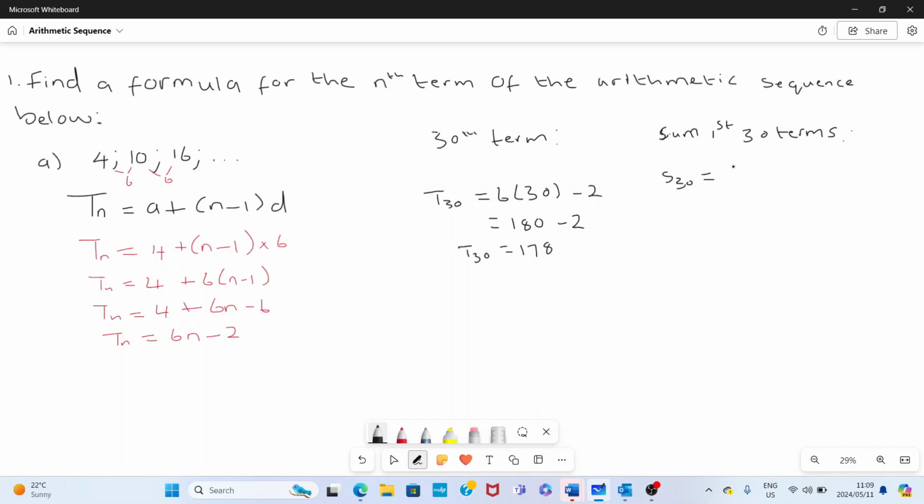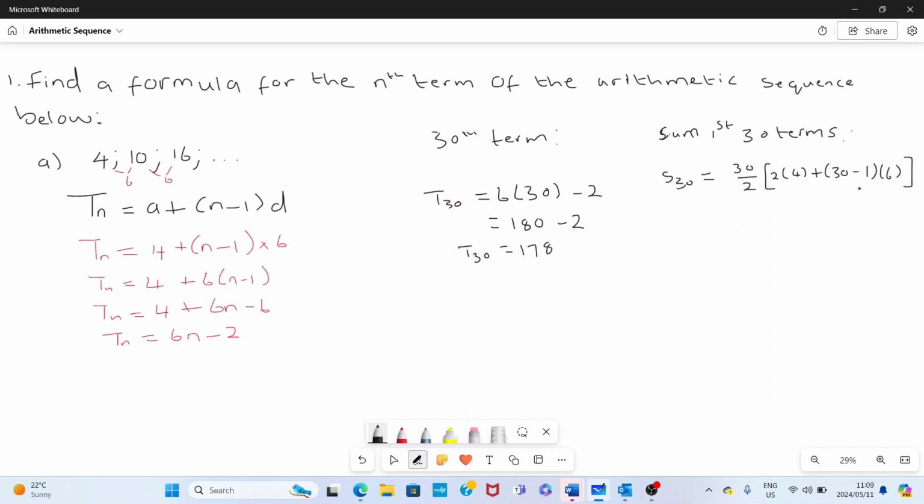This would be S30 equal to 30 divided by 2, and we'll have the outer brackets, I'll just use square brackets, and then we have 2 multiplied by our 4, which is the first term, plus (30 minus 1) multiplied by 6.